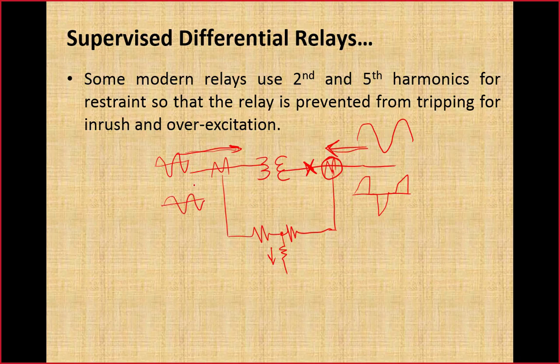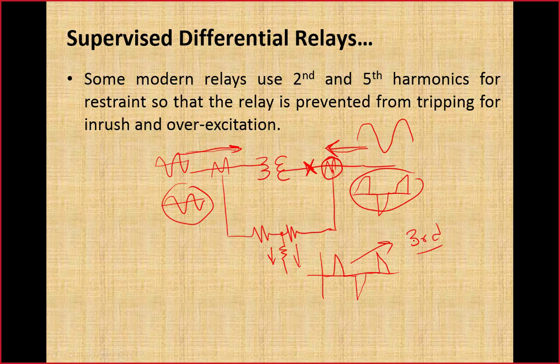If we take the difference of this current and this current, the current that is flowing towards the differential branch will be like this. These peaks are over there, which is passing through the differential branch. This type of current is full of third harmonic and all odd harmonics, and third is the dominant one.